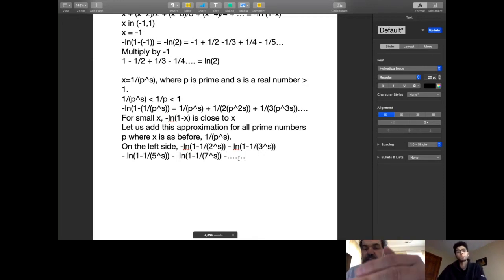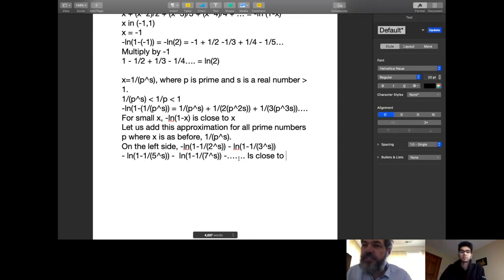And now we say in words, is close to, now we have to take the sum of those values. Each logarithm was close to x. So before you write anything, the first logarithm was close to x, but x was just 1 over 2 to the s. The next logarithm was close to 1 over 3 to the s. The next was close to 1 over 5 to the s.